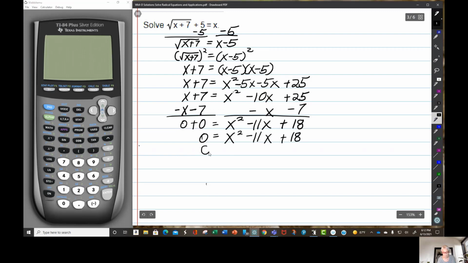Now, I've got a 1 leading coefficient, so I make empty parentheses. Don't have my coffee with me. x, 18 equals -9 times -2, and -9 plus -2 is -11.